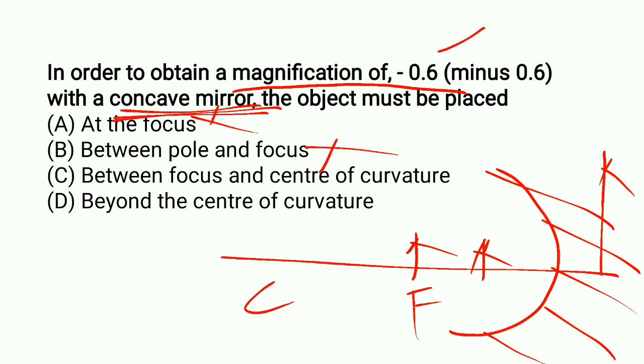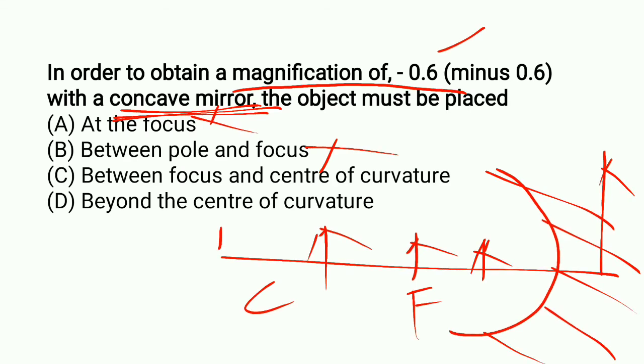Let's check option C, between focus and the center of curvature. Here we have kept the object between focus and center of curvature. Here also the image is enlarged, so the magnification is more than 1. Option D, beyond center of curvature.